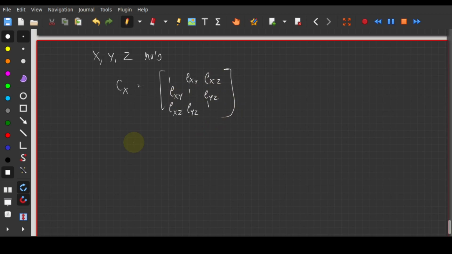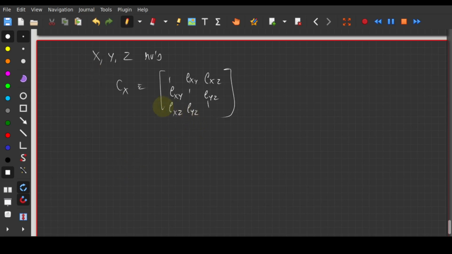The correlation between x and y is rho xy, between x and z is rho xz, and between y and z is rho yz. All that you know is that the second moments of x, y, and z are all equal to 1.